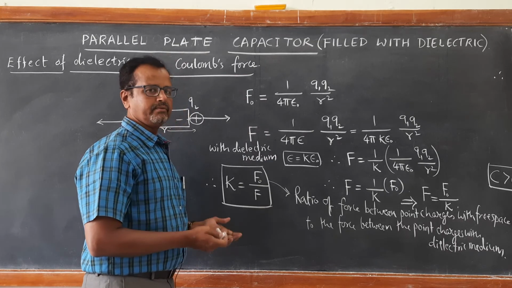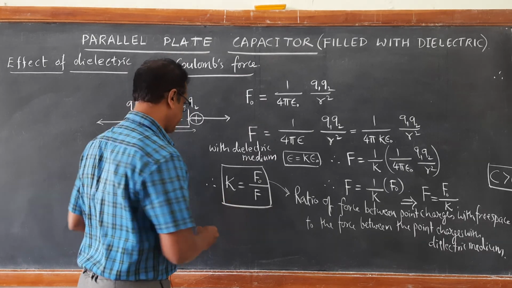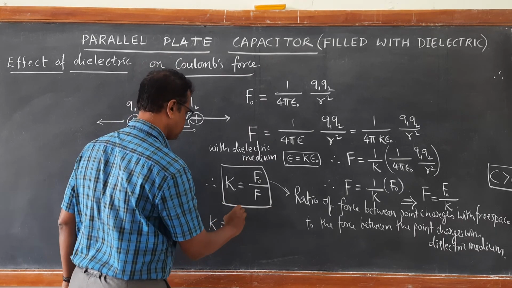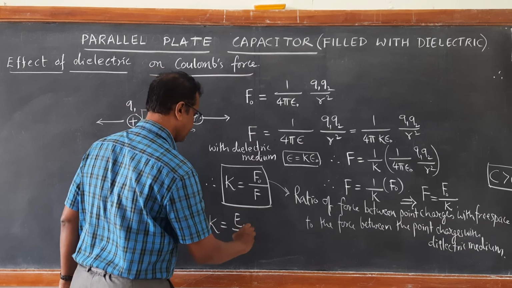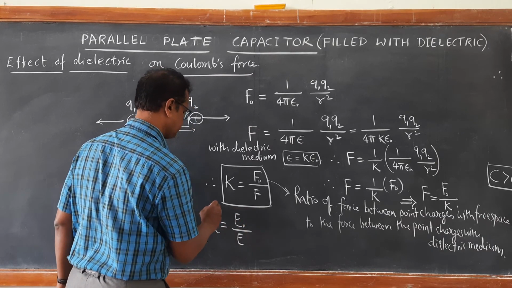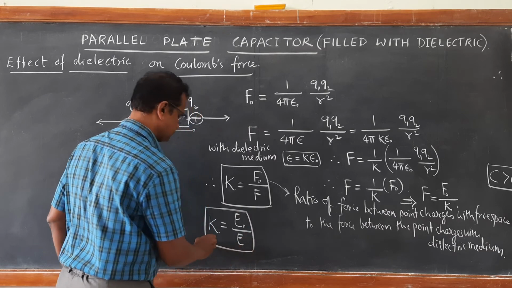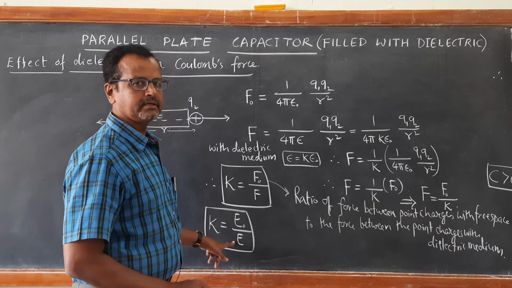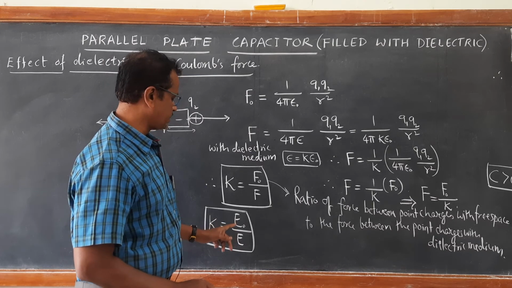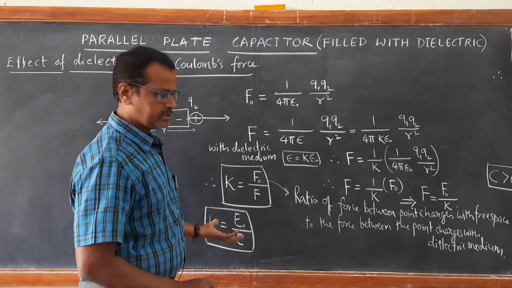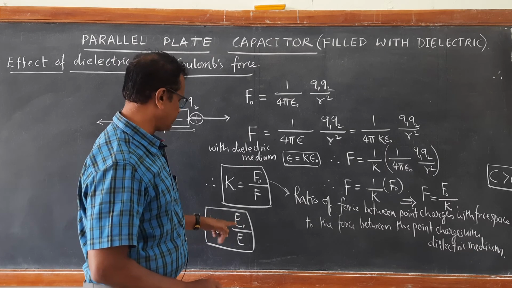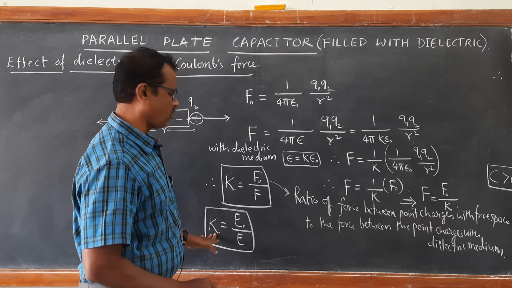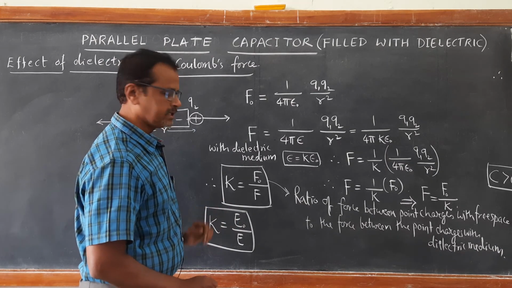In the same way, we can also define K as equal to E naught by E, electric field with free space divided by electric field with dielectric. So you can take the ratio of this. When you take the ratio of this, you will get again the same constant, that is dielectric constant.